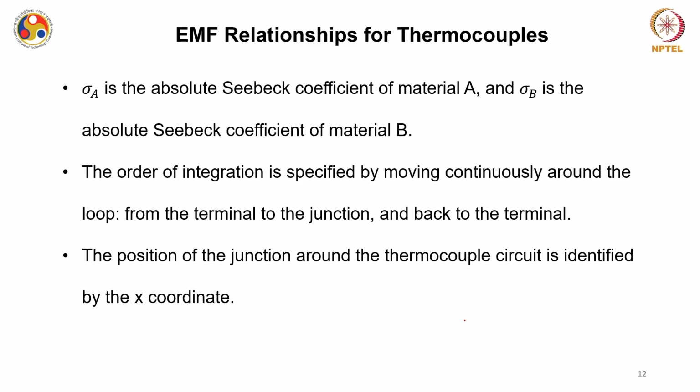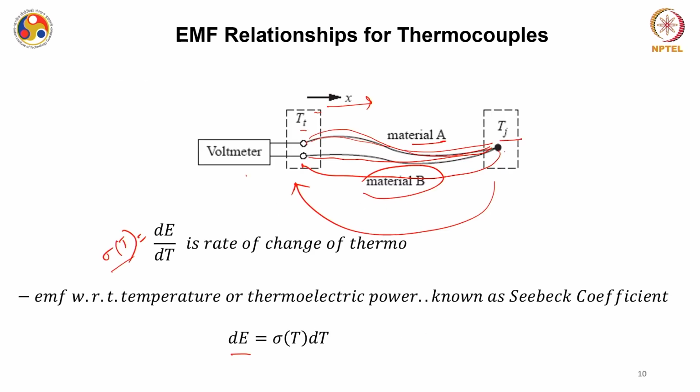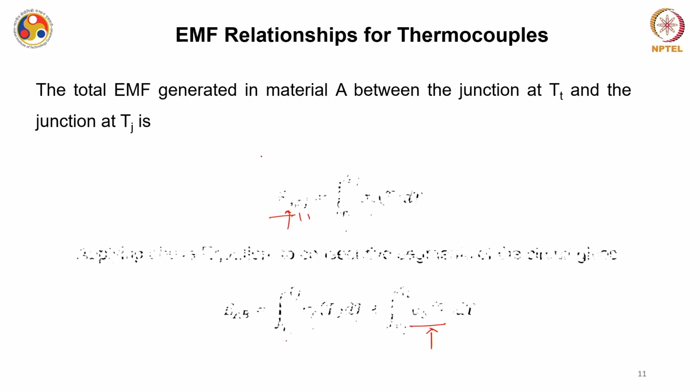Now sigma_A is the absolute Seebeck coefficient of material A, while sigma_B is the absolute Seebeck coefficient of material B. The order of integration is specified by moving continuously around the loop from the terminal to the junction and back to the terminal. I am calling this the terminal and this the junction, because across this terminal I have connected the voltmeter.